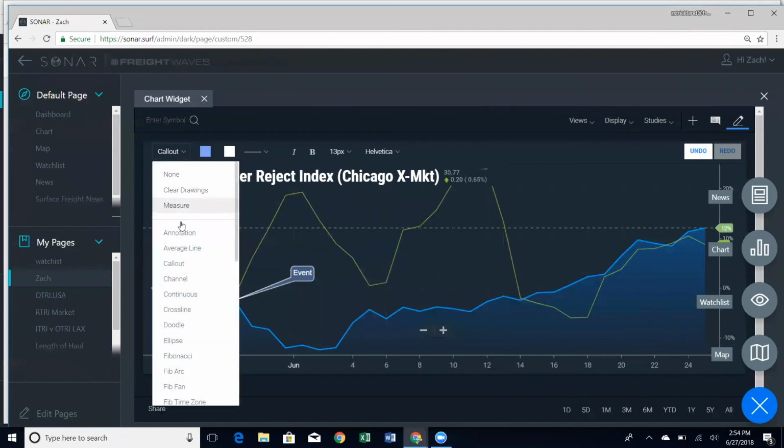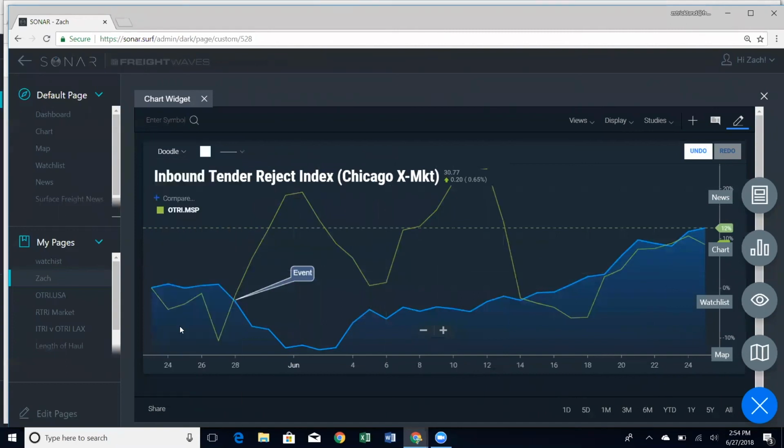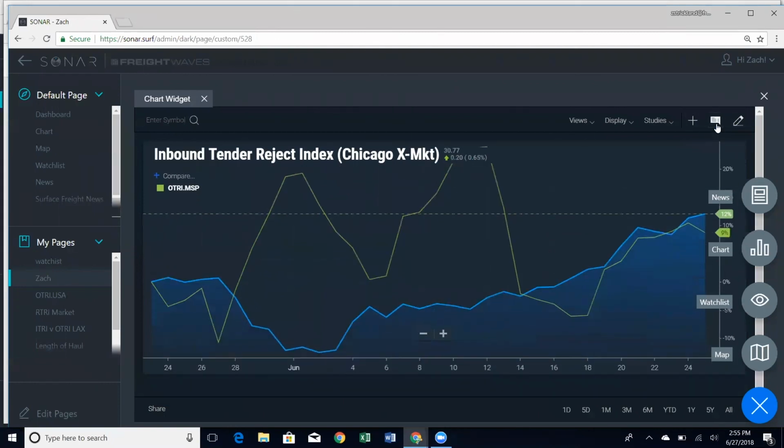And also in that function, there's a number of things here that you can play with. This doodle line that you can draw, and any of these that you would like to trash, you just right click on them and you can get rid of them. And along the lines of different things you can do once you're in the chart function, we have our info button, which will show the price as you hover across your chart.